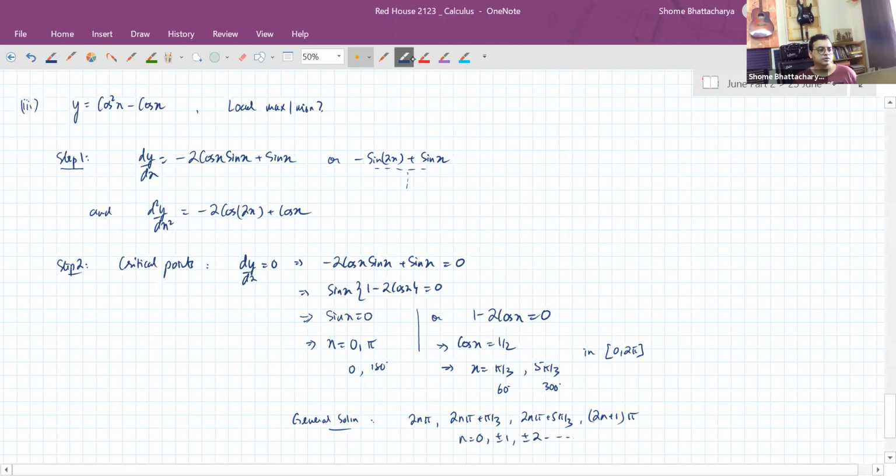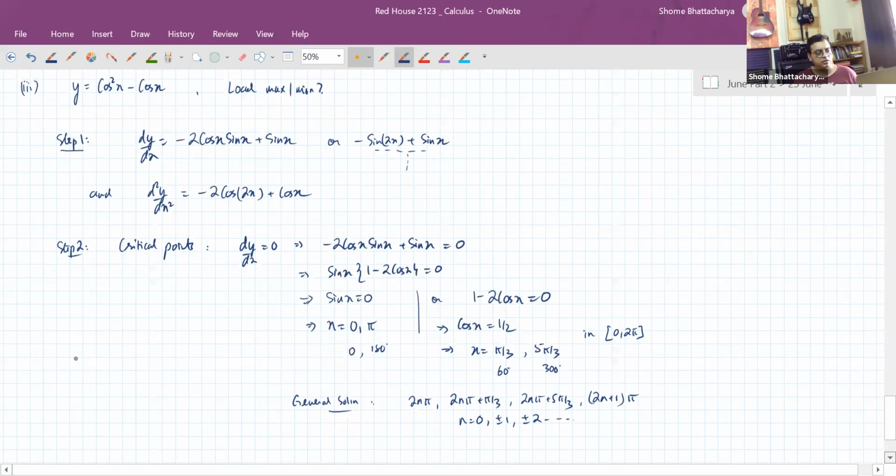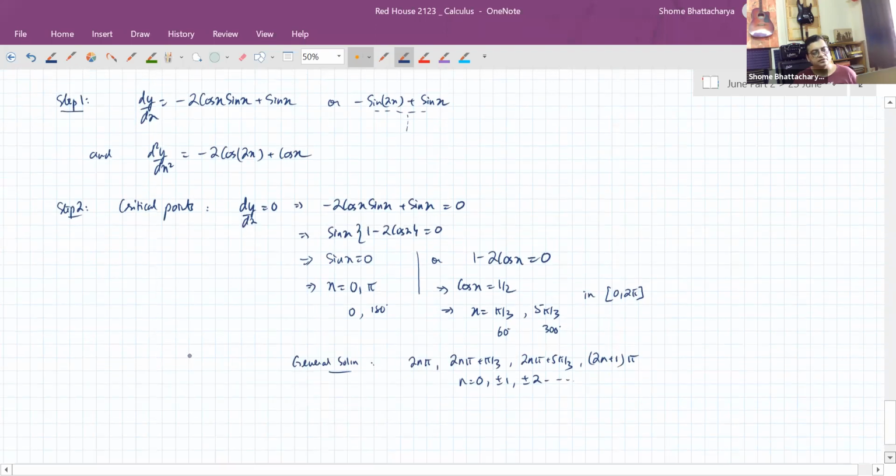Anyhow, we will consider only the 4 critical points in one cycle of 0 to 2 pi, and we'll understand the rest is repeated, so we don't need to worry about that. Okay. So step 3, second derivative test.